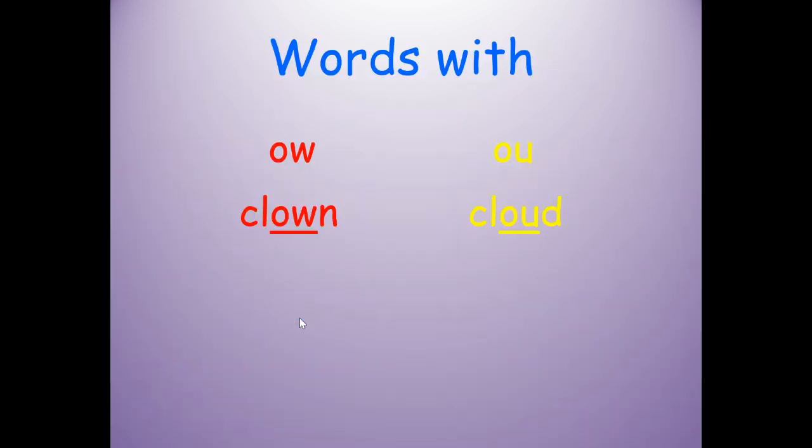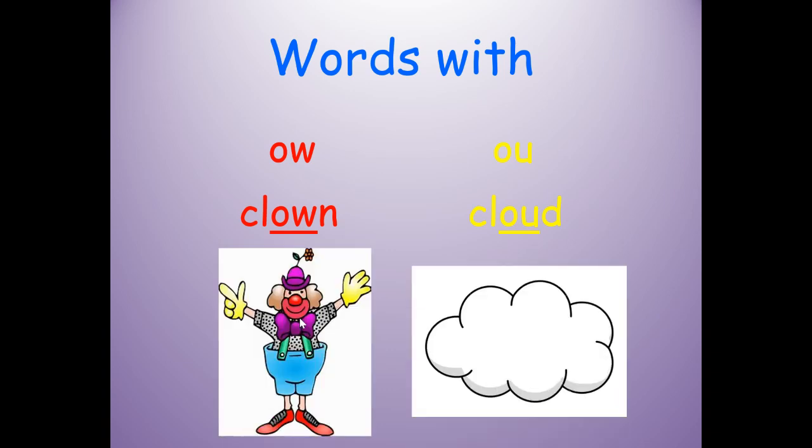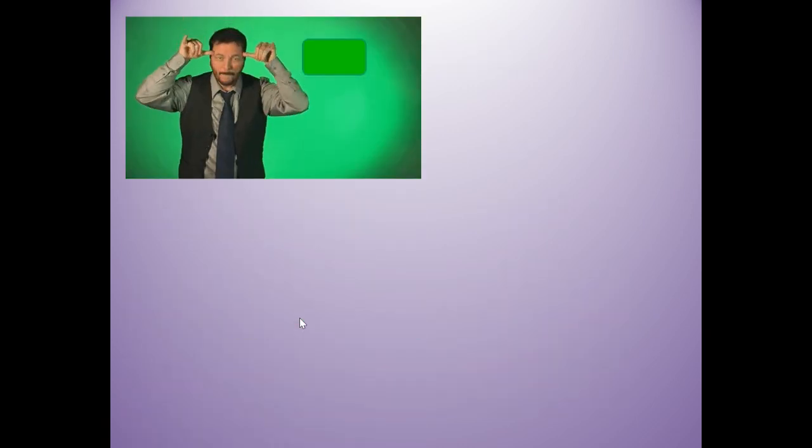Words with OW as in clown, and OU as in cloud. So your word is either going to have an OW for ow or an OU for ow. So let's get started. Look at the first picture.